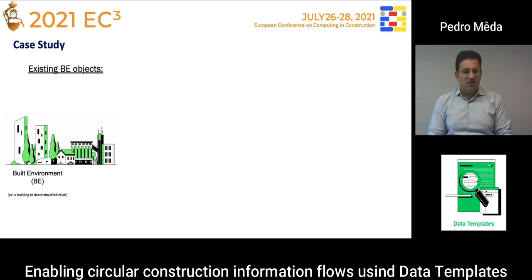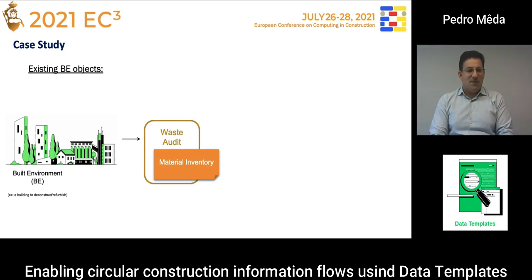So let's consider an existing building that is going to be refurbished or demolished. For this to happen, a waste audit action is required, and as part of it, a material inventory should be made.